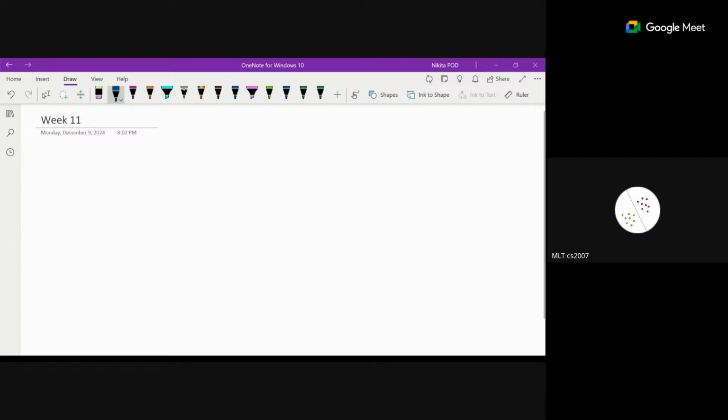So till week 10, we had seen the support vector machine, and at the end of week 10, we had also introduced what is soft margin SVM.